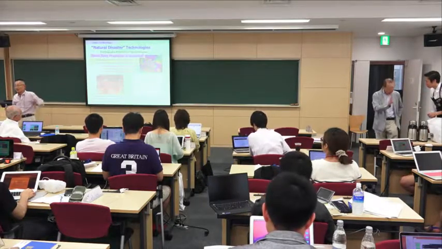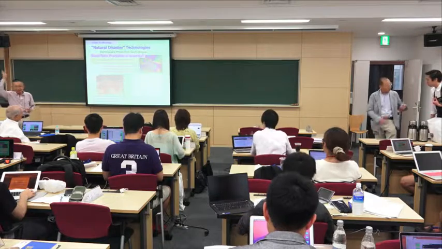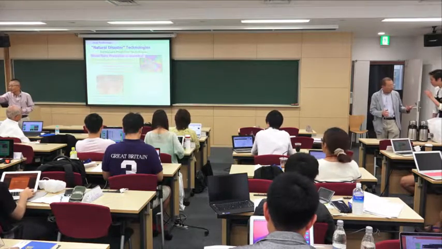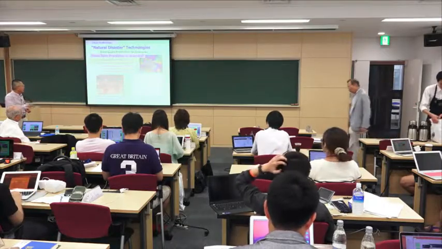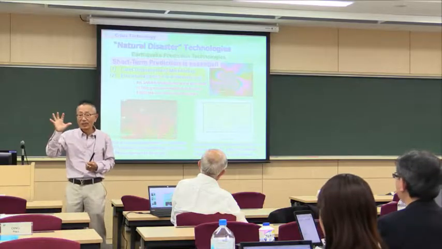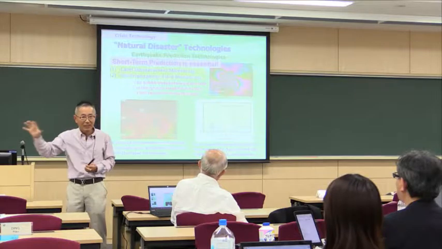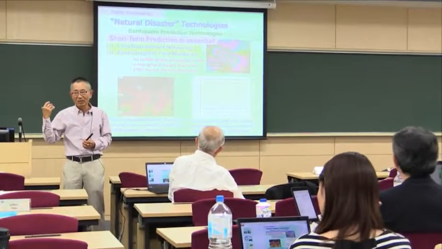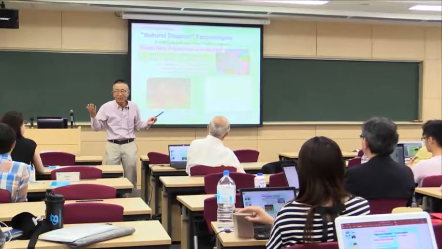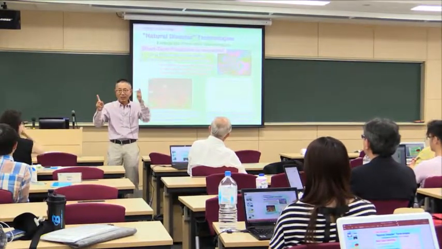However, for this, unfortunately, Japan doesn't have a good satellite to watch this, so almost all data are taken by the U.S. satellite. The U.S. is watching all the areas. So when I worked on the piezoelectric actuator in the 1970s, at that time, the U.S. and Russia.